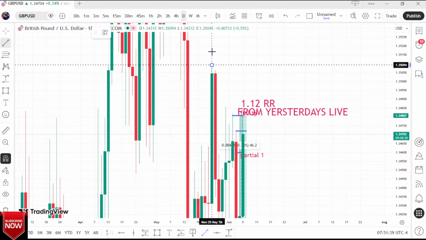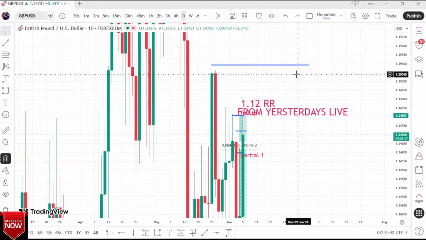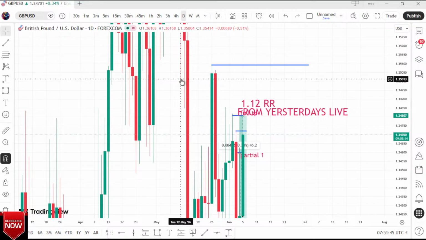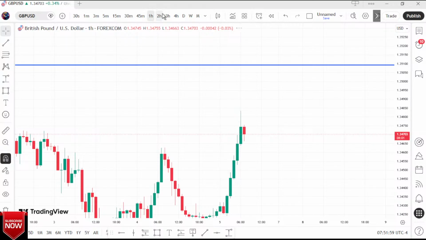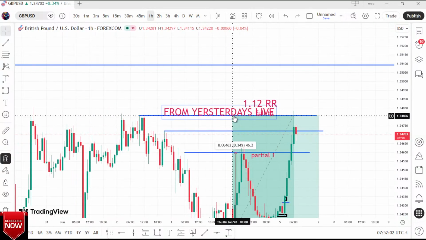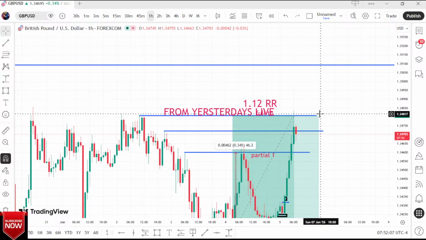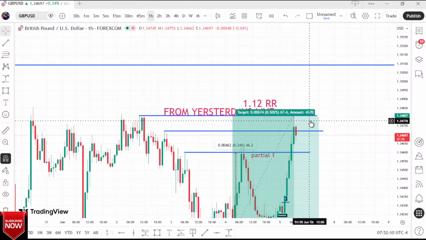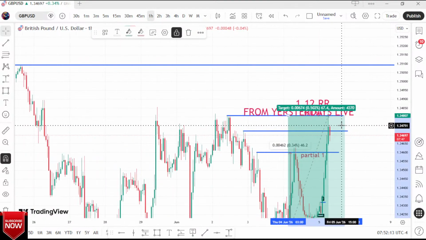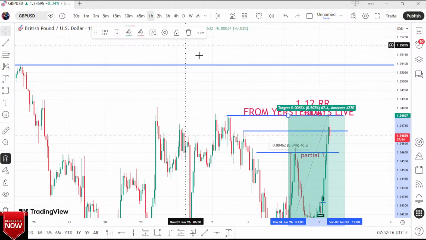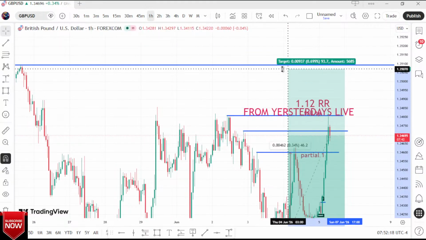Let's see those buy side liquidity taken out. Let's unlock that one so that you can see prices rally up high.